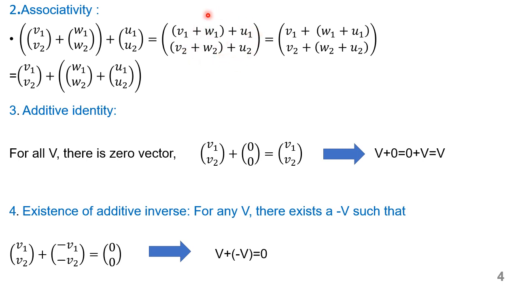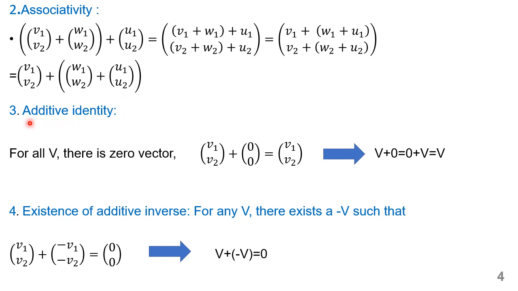I can rearrange the elements inside this vector space and rewrite it as v1 plus in the bracket w1 plus u1, v2 plus w2 plus u2. I can write this entire thing as v1 v2 plus in the bracket w1 w2 plus u1 u2.